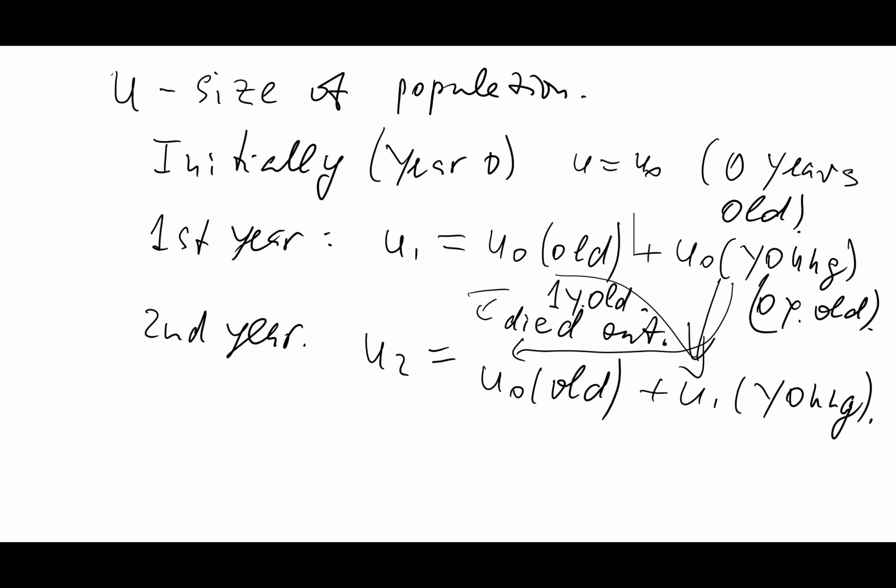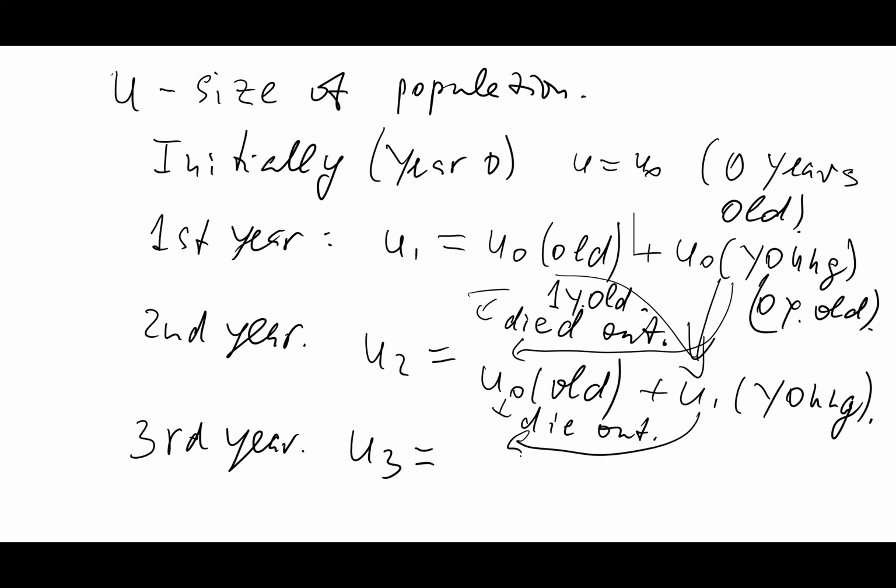And if we now consider the third year, it will be the same story. Those which are old will die out. This will become old, u_1 old, and both of them, u_0 and u_1, old and young, will give birth to offspring, and therefore it will be u_2, and all offspring is young.